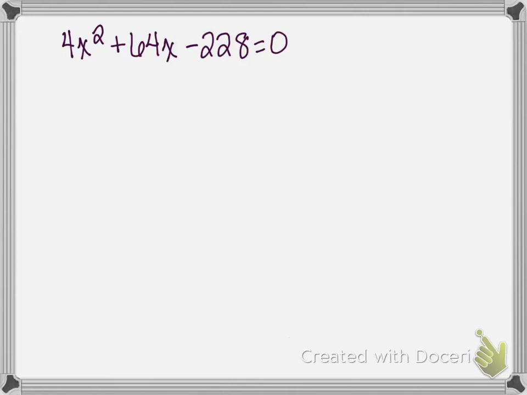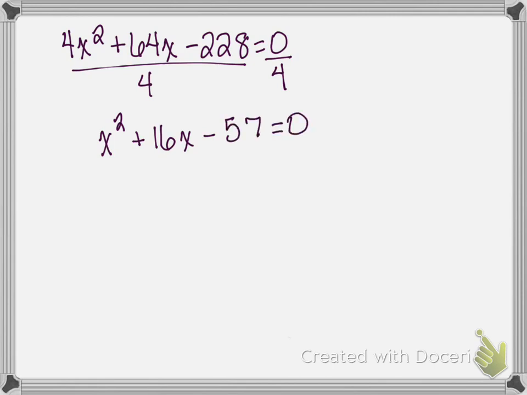Now, what can you tell me about all of those numbers? They're all even, and it gets even better. They can all be divided by 4, which is great news. So we are going to divide everything by 4. So I have x squared plus 16x minus 57.